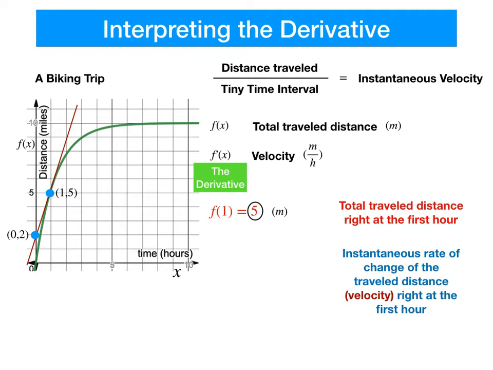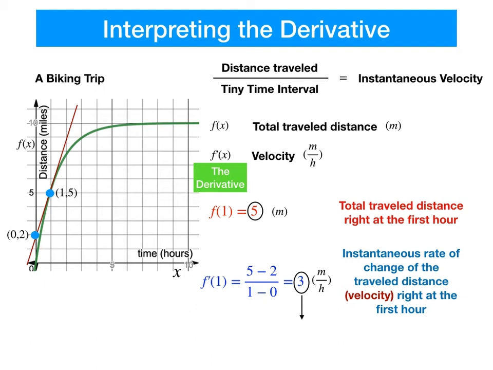I use the slope formula to find the slope of this tangent line, which is 3, which tells me f prime of 1 equals 3. So f prime of 1 is the value of the derivative of the function f when x equals 1. In this case, it's equal to 3 miles per hour.